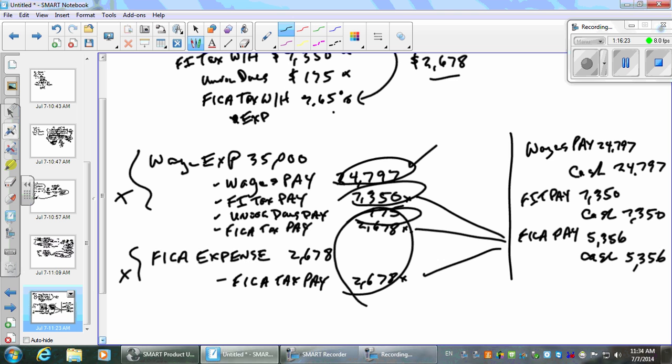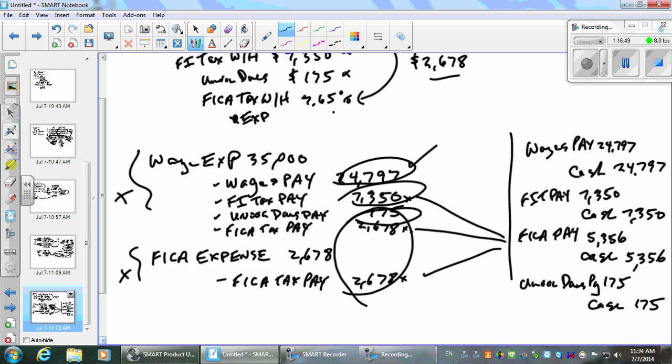Anybody want to do the union dues? Union dues payable, 175 in cash. The only thing I'd like you to notice here is that this isn't any different than other accrual of liabilities and paying the liability. Exactly the same process, isn't it?